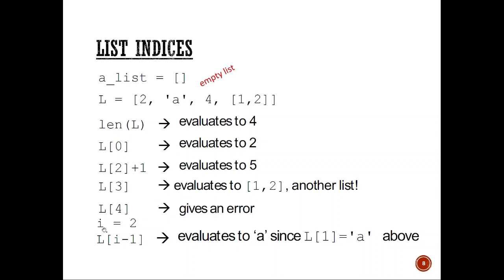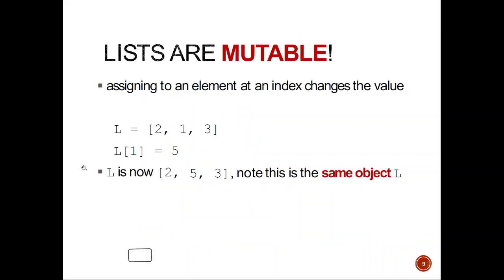So here, for example, if we define i to be 2 and then we use the index L at i minus 1, it would evaluate to A because L at 1 is A as per the list above. As we mentioned, lists are mutable, which means that assigning to an element at an index is possible and it changes the value.